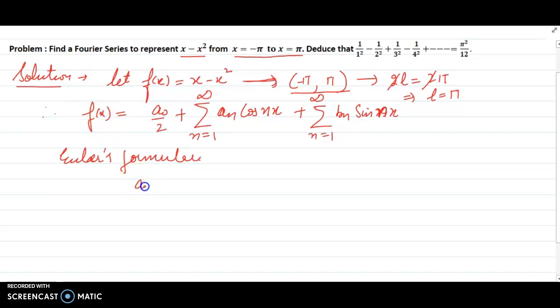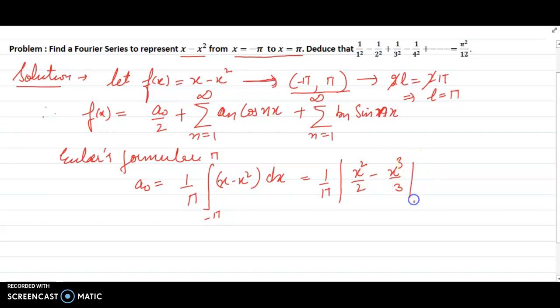I can write the value of a0. a0 in this case is 1 by pi integral minus pi to pi of x minus x square dx. This is equal to 1 by pi. I may write directly: x square by 2 minus x cube by 3, from minus pi to pi.